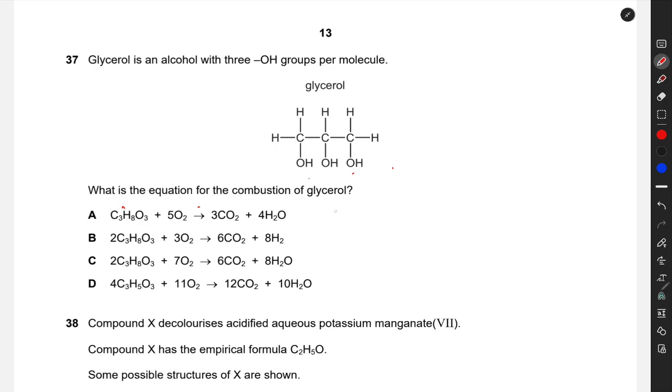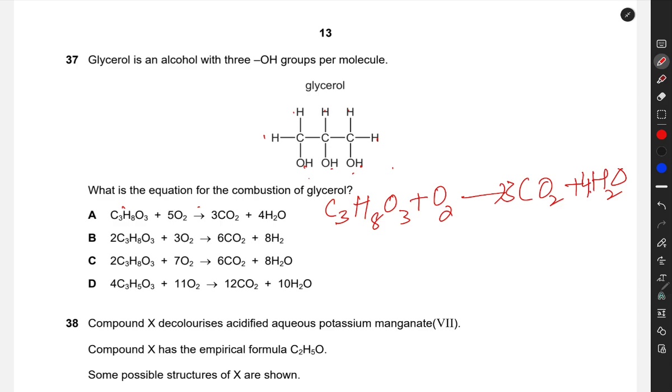This is C3H8O3. When it reacts with oxygen it forms carbon dioxide and water. 3 carbon, 8 hydrogen, so 4 water, and there are 3 plus 6, 4, 10 oxygen atoms over here.